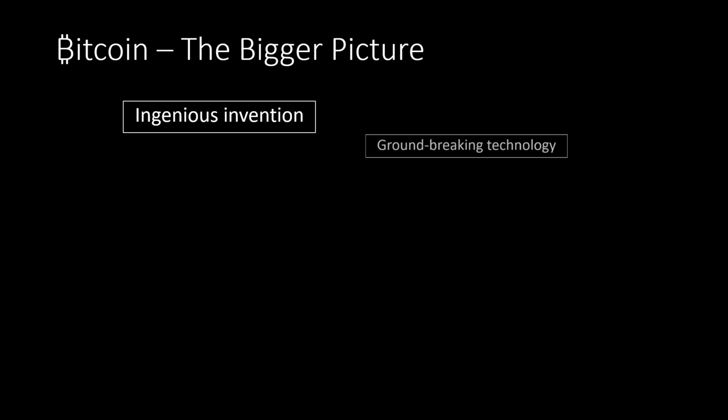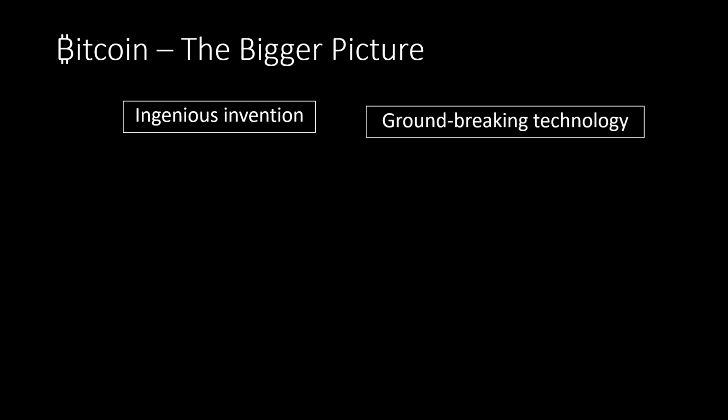So there's an extended chapter investigating the bigger picture of Bitcoin. For the sake of brevity, we want to just use a couple of buzzwords here that might trigger your own thinking and imagination. From my understanding, Bitcoin is certainly an ingenious invention. It's a groundbreaking, radically disruptive technology.